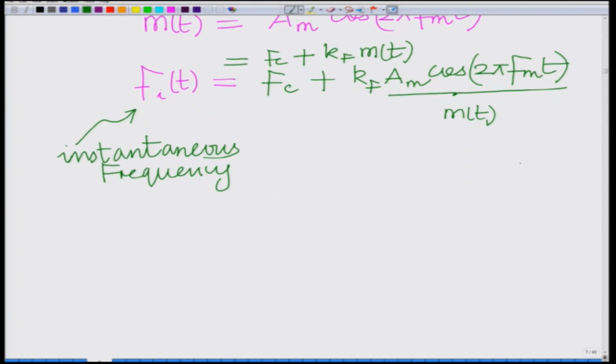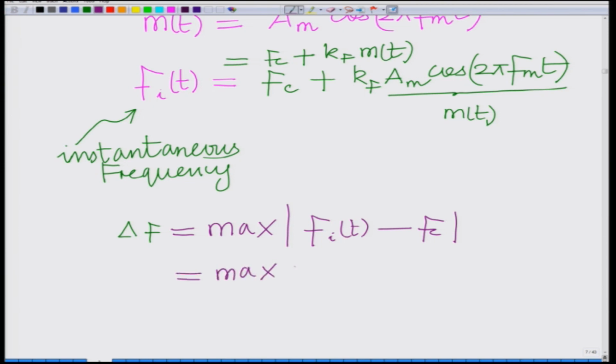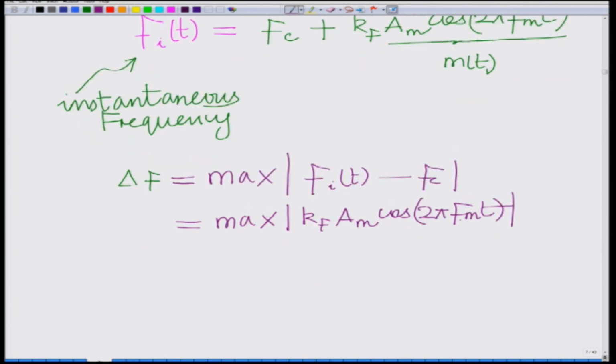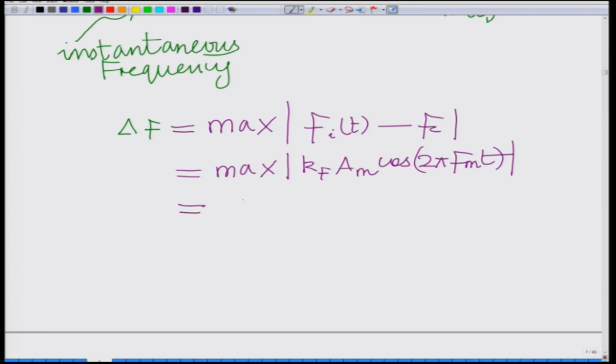And therefore, now if you look at the maximum frequency deviation, delta f, this is given as the maximum of f_i(t) minus fc, where fc is the carrier frequency. That is equal to the maximum of kf Am cosine of 2 pi fm t, and the maximum of this is nothing but kf times Am.